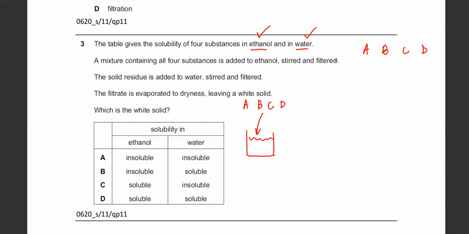So it could be all sorts of substances. It could be marble chips. It could be sand. It could be normal table salt or sugar, whatever. A, B, C, D are four substances, and he adds it into ethanol. So that's the first thing.